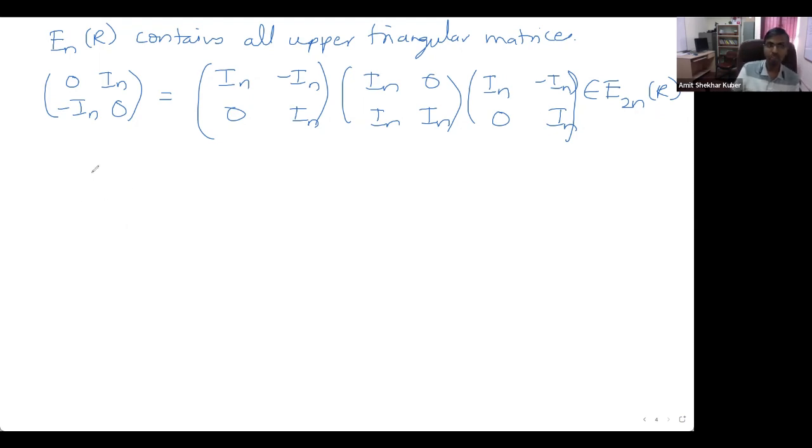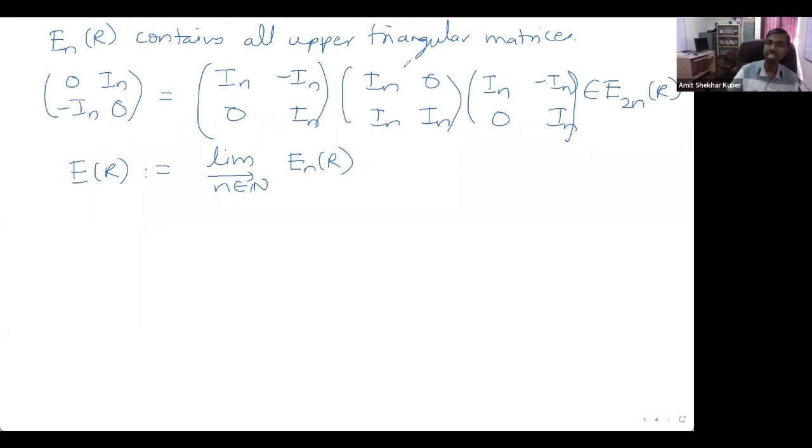Well, if we don't want to deal with the size issues, then we might as well define this ER. This ER has the same definition as before: we take the direct limit of ENRs. And how is the embedding defined? These are all invertible matrices, so we always pad with zeros on off-diagonal entries and ones on diagonal entries.